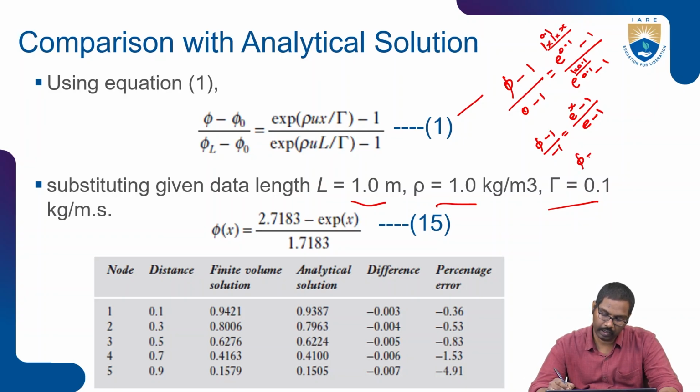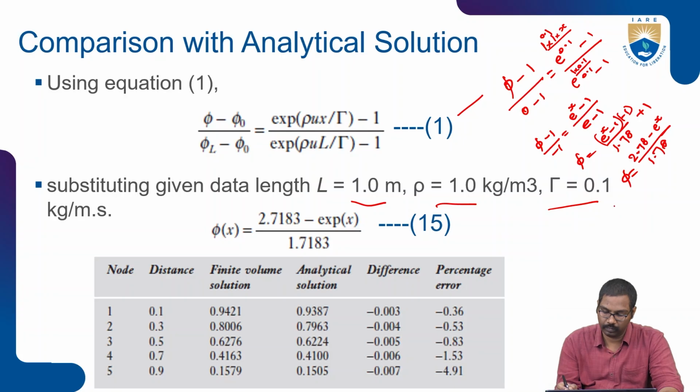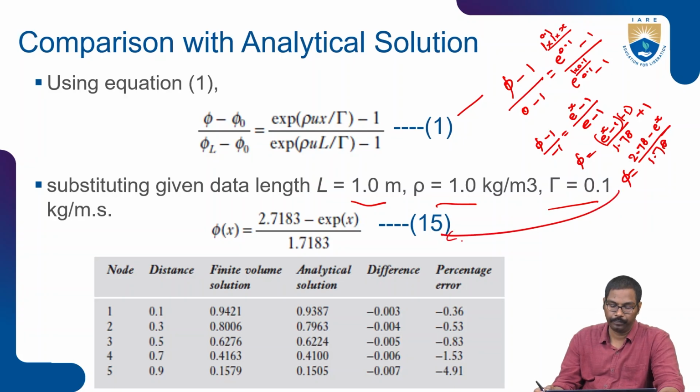So we can write phi equal to e power x minus 1 upon 1.78, into minus 1, so plus 1 you will get here. So 2.78 minus e power x upon 1.78. That is what is written in equation 15: phi of x equal to 2.7183 minus exponential of x upon 1.7183.